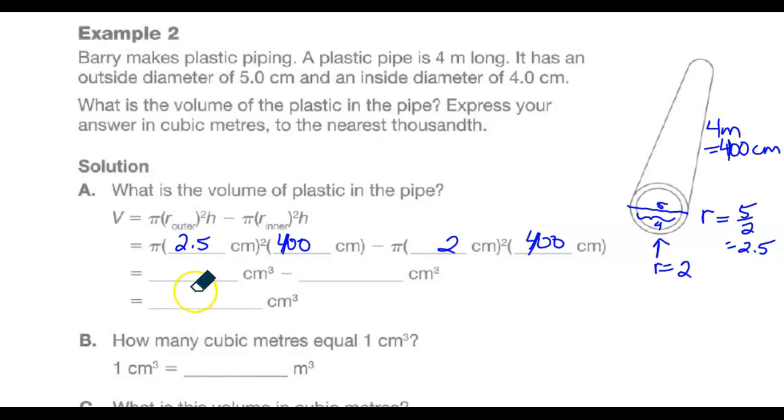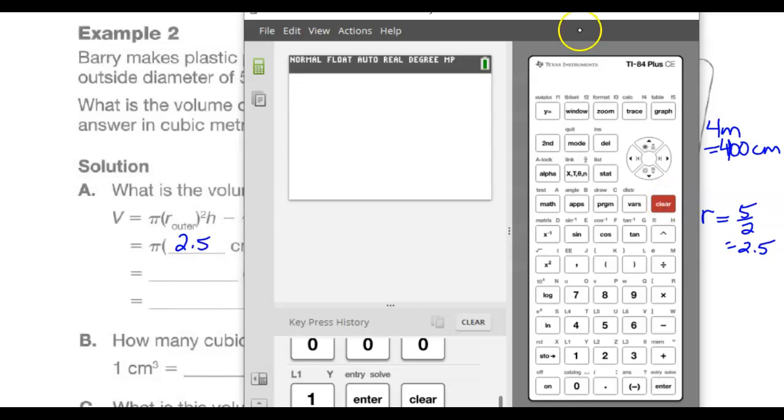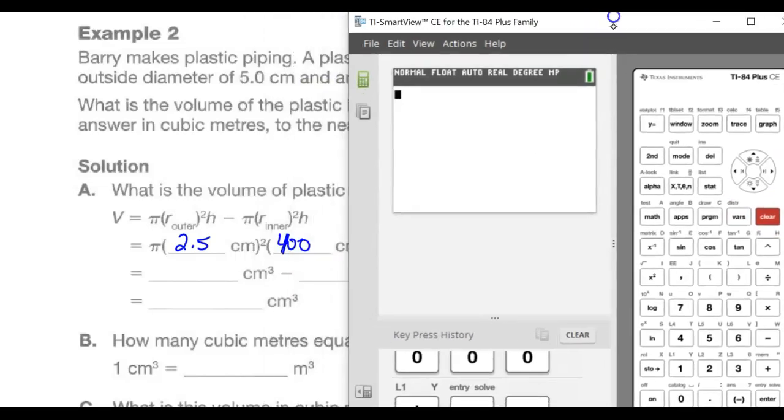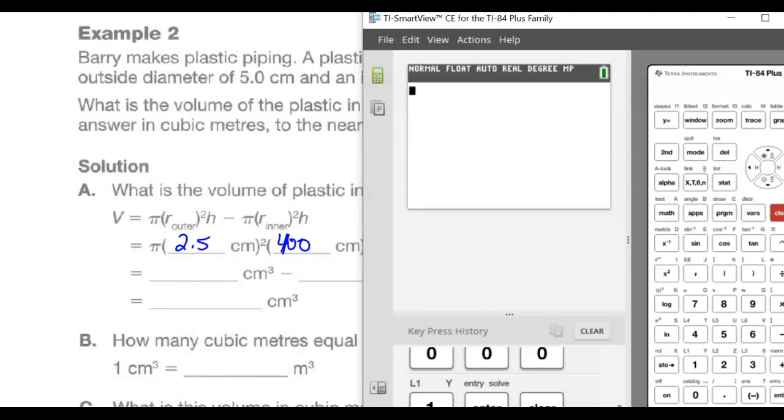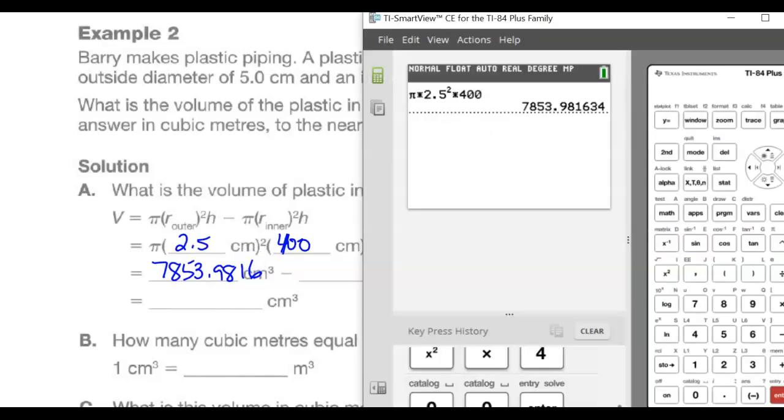Okay, so get out your calculator. Pi times 2.5 squared times 400 is 7853.9816. Let me just check that.